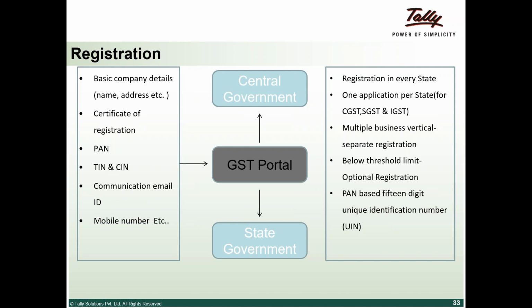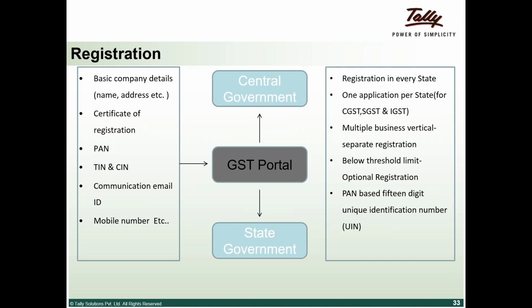If you require an IGST registration, you can take it. If it is not required, if you are dealing within the state of Karnataka, then CGST and SGST registration is required. It is an application per state, so if you want Tamil Nadu and Karnataka, you have to make a separate application for Tamil Nadu and a separate application for Karnataka.